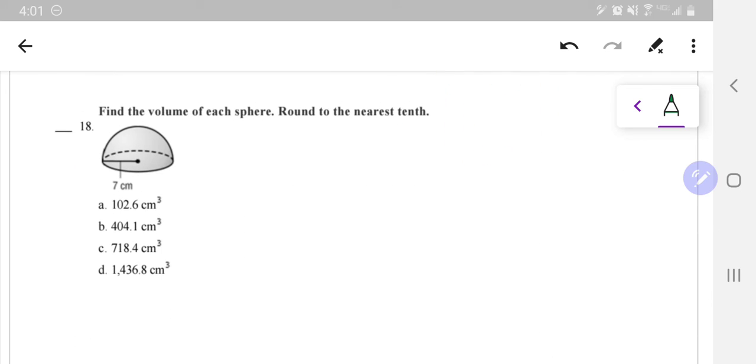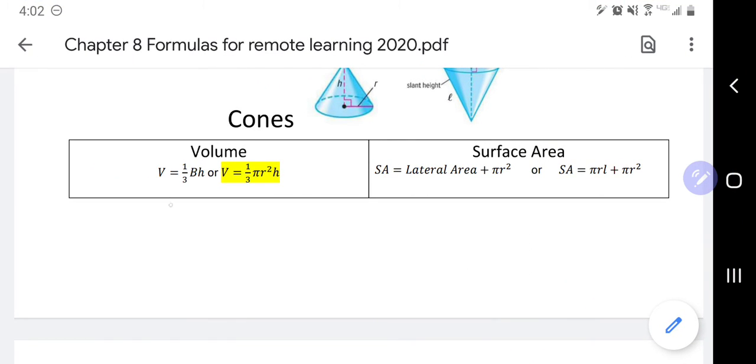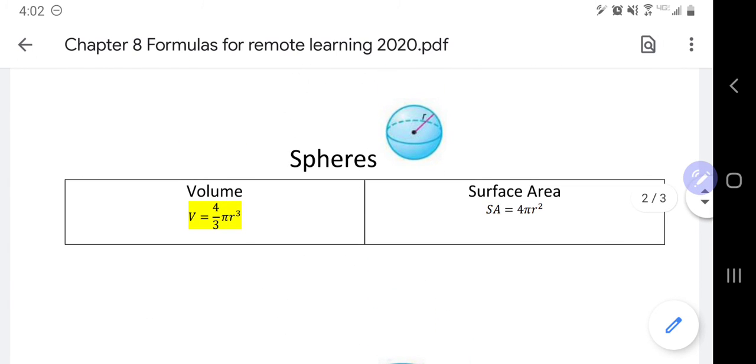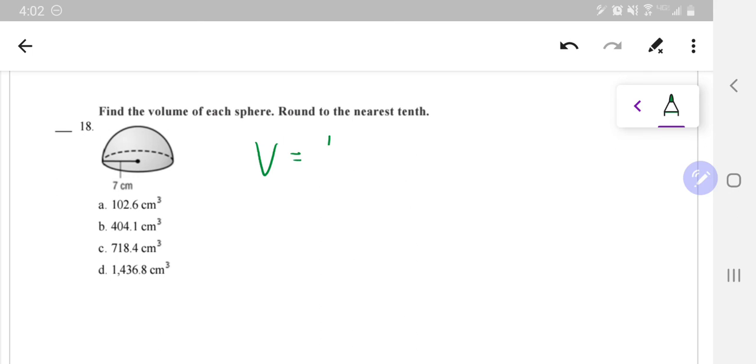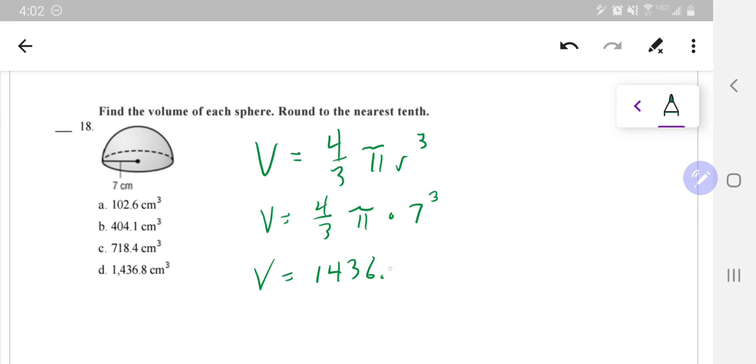Now we have the volume of this hemisphere. Now on our formula sheet, we don't have anything to help us out there. We have a sphere, no hemisphere. So what we're going to do is just take the volume of a sphere and then divide the answer by 2. So volume of a sphere is 4/3 pi r cubed, and plug everything in. 4/3 times pi times the radius, which is 7, and we'll cube that, and we'll get a large answer of 1,436.8 approximately.